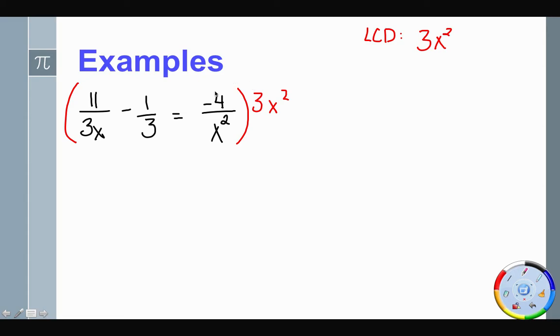Once we do so, we're going to distribute onto all pieces of the equation. So we'll notice that we have our 11 over 3x. If you recall that this is 3x squared over 1, that means the 3x squared goes into the numerator.